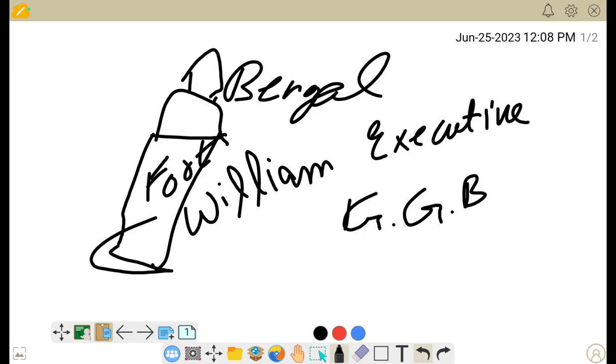But we'll only be discussing the executive council of the Governor General of Bengal, because he's the main character, the hero, the protagonist here. So the Governor General of Bengal had a council of 4 people. Nobody tells you the names of these 4 people. I've already written them in the notes. I don't think it will be that important, but still I hope you remember them. Keep them in mind. And the first Governor General of Bengal was obviously Warren Hastings.